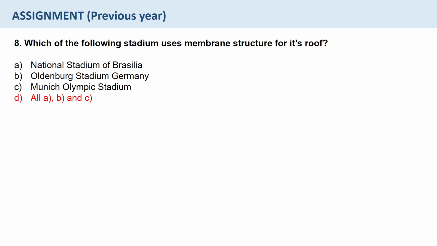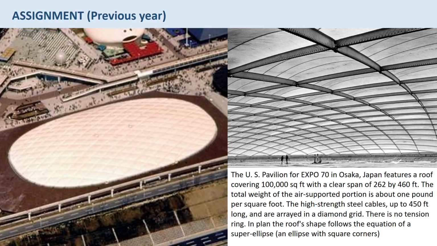The total weight of the air supported portion is about 1 pound per square foot. The high strength steel cables up to 450 feet long are arrayed in a diamond grid. There is no tension ring. In plan, the roof shape follows the equation of a super ellipse, an ellipse with square corners.